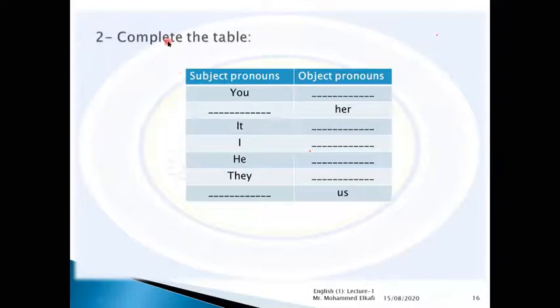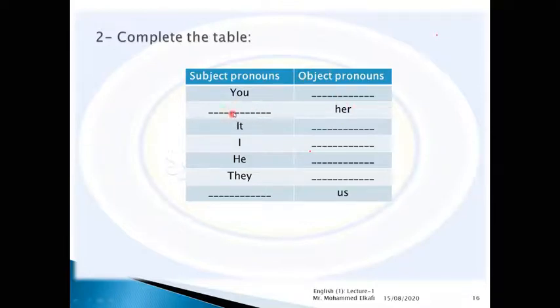Here also some other question. Complete the table. Here we have subject pronouns and objective pronouns. For example, here you have you. This is a subject. What is the object from it? It's you, small letters, Y-O-U. Here we have a subject pronoun. What about her? Her is an object pronoun.